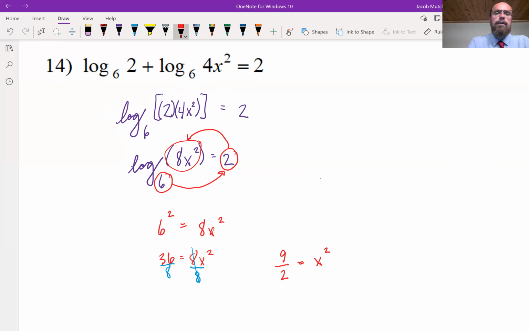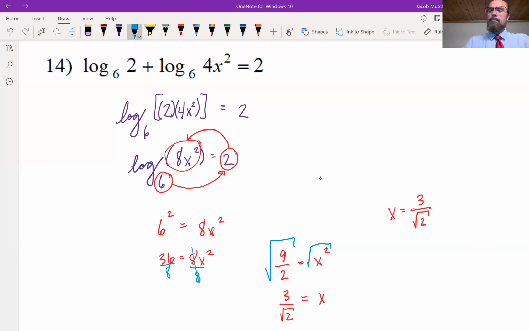And then to solve that equation, I just want to take the square root of each side. And that's going to give me a radical of the fraction on the left. So currently I've got x equals, so I can take the square root of 9, that's going to be 3. But I cannot take the square root of 2. So to get that answer in a rationalized form, I can't have that square root in the denominator.